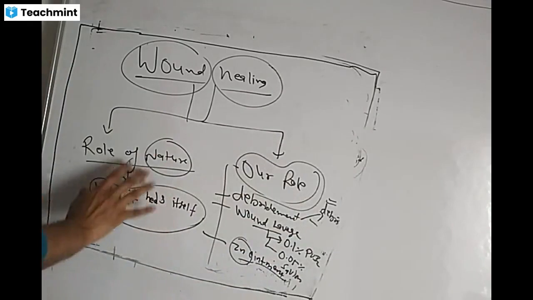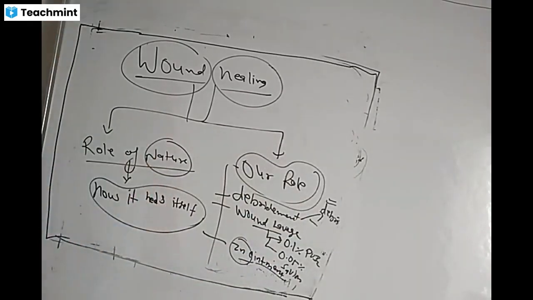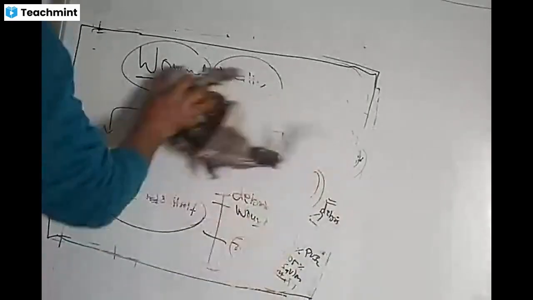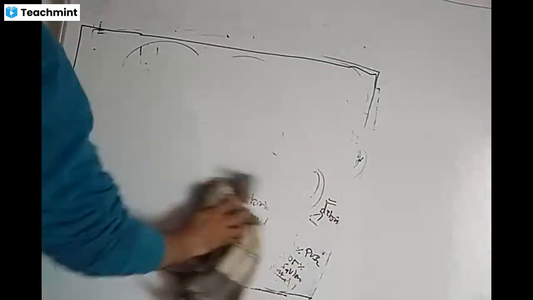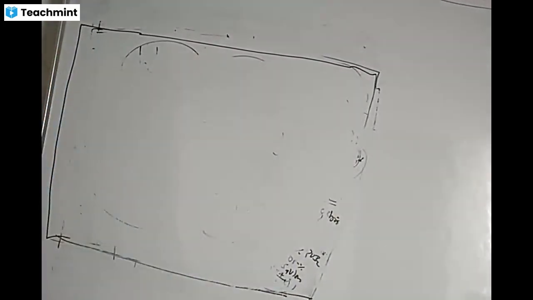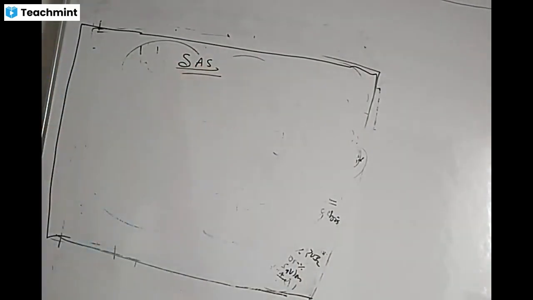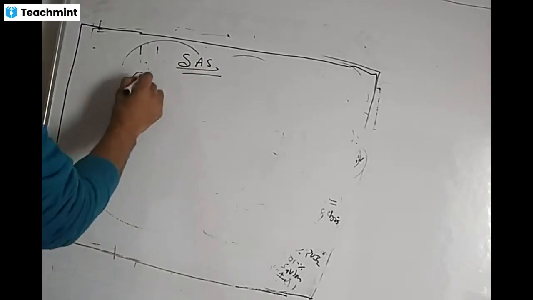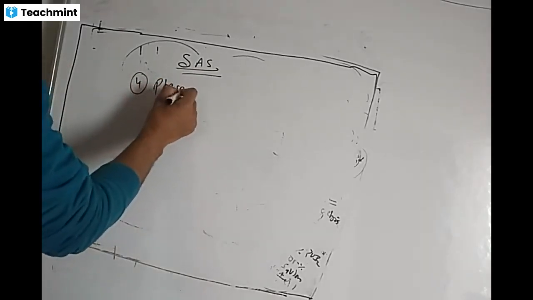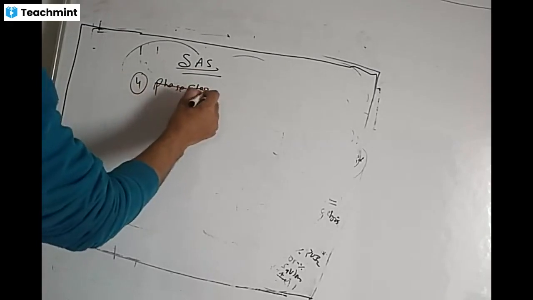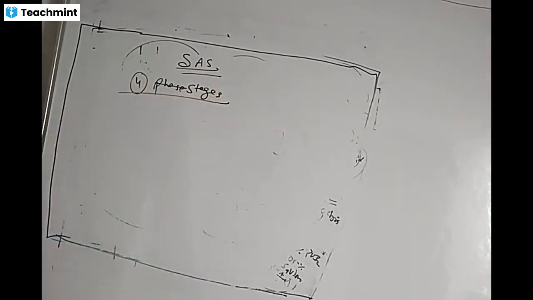But from the nature side, the role of nature in the healing of the wound explains that there are four phases. In different books, you will find some books say three phases, but in the latest edition of the small animal surgery book, it is given that there are four phases or stages.